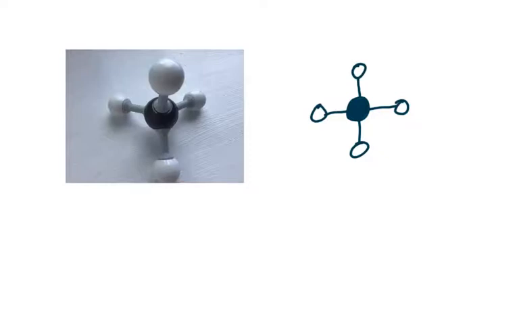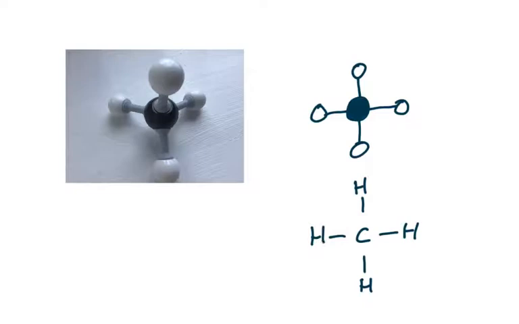Now, with this model, we can very easily show the displayed formula, and the displayed formula is just replacing the different circles with the names of the atoms. So I have my carbon in the middle and I've got 4 covalent bonds, and each one of those is attached to a hydrogen.